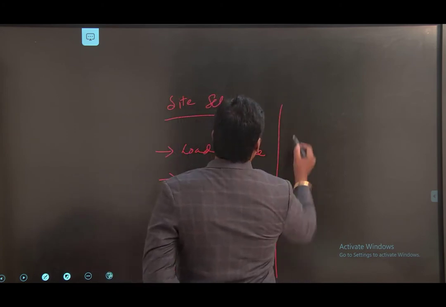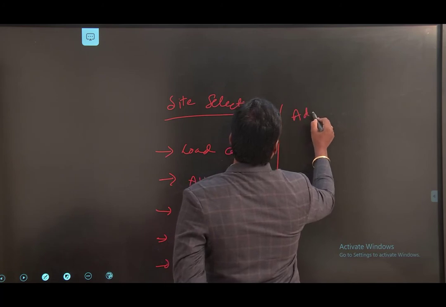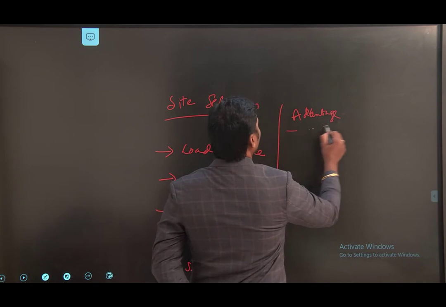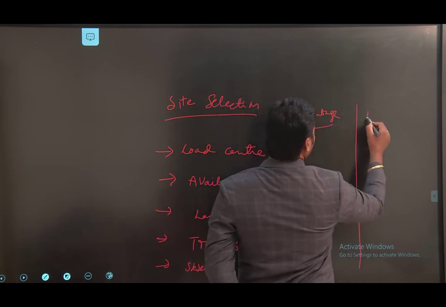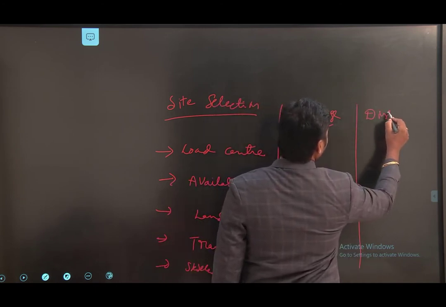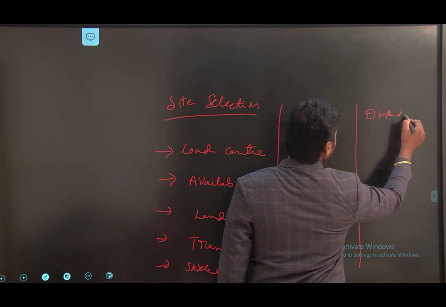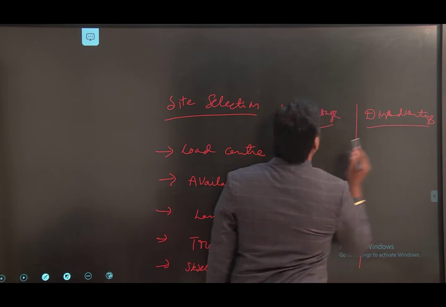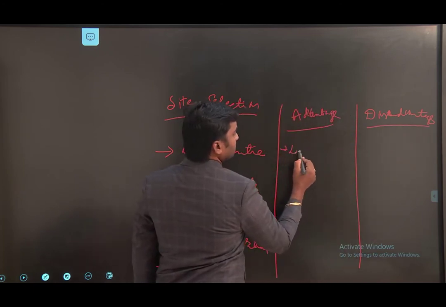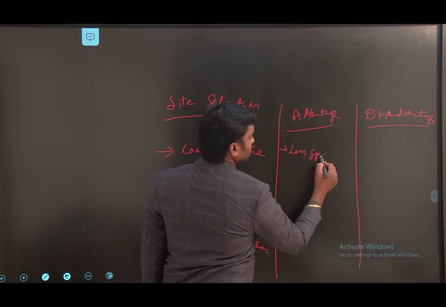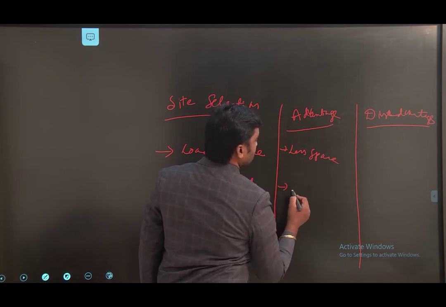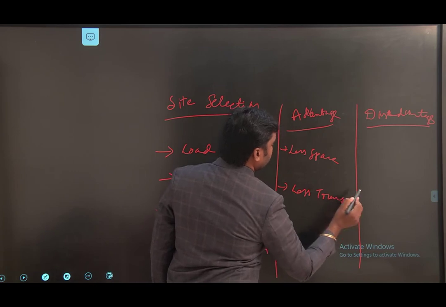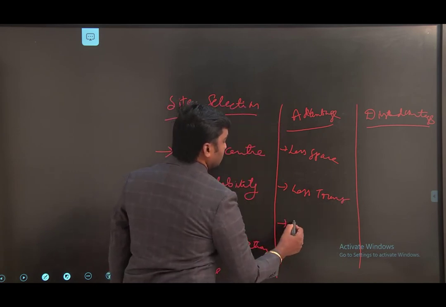And it has some advantages and disadvantages parallelly. So what are the advantages and disadvantages? The main advantage is it requires less space. Transportation cost for fuel is less, and high efficiency.